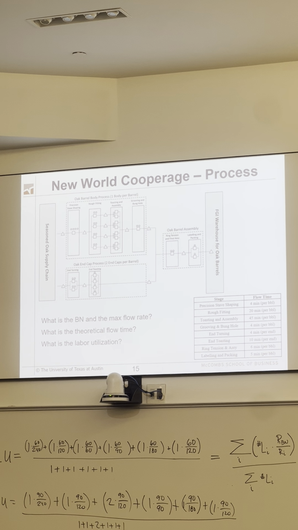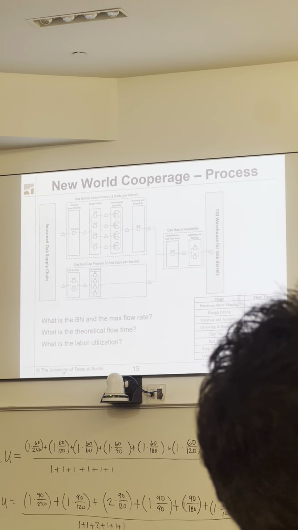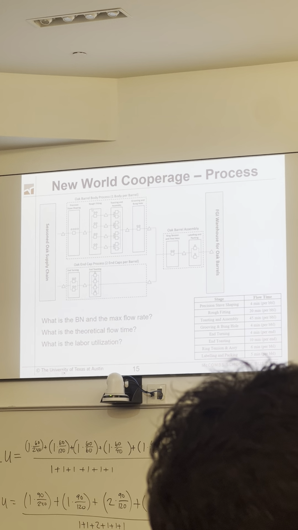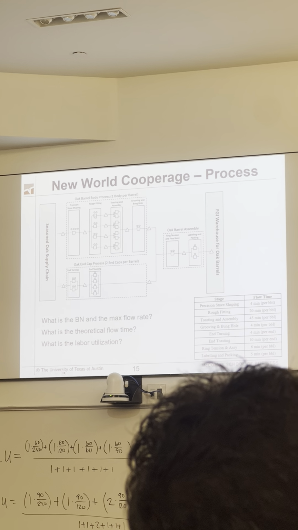The circles are the workers, okay? So you didn't just have to look at a chart and wonder how many workers are in each, the circles are how many workers are in each of those little cubicles. If you look at it right here, when we're doing rough fitting, we've got a cubicle in there that's doing rough fitting.